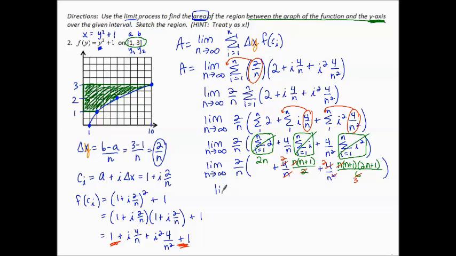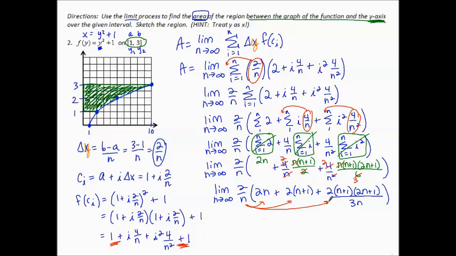This becomes the limit as n goes to infinity of 2 over n times 2n plus 2 times quantity n plus 1 plus 2 times quantity n plus 1, quantity 2n plus 1 over 3n. And now we can distribute this 2 over n to those three expressions.